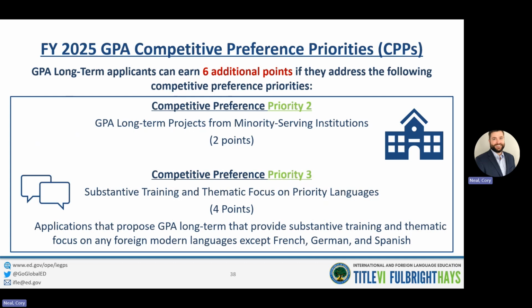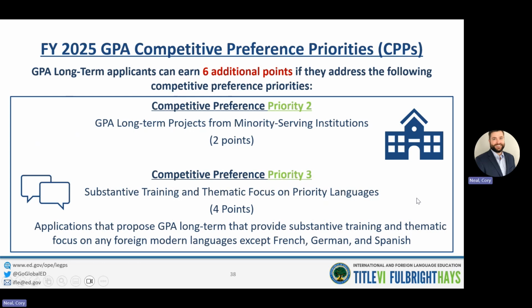The other competitive preference priority is CPP 3, and this is for substantive training and thematic focus on priority languages. So applicants that propose GPA long-term projects that provide substantive training and thematic focus on any modern foreign language, with the exception of French, German, and Spanish, can earn these points.